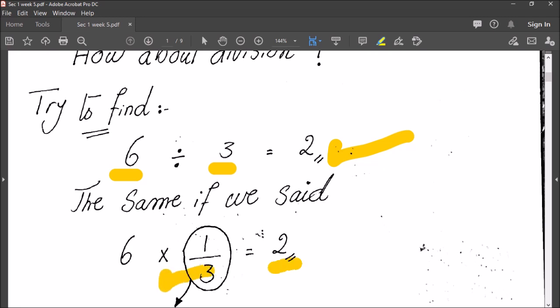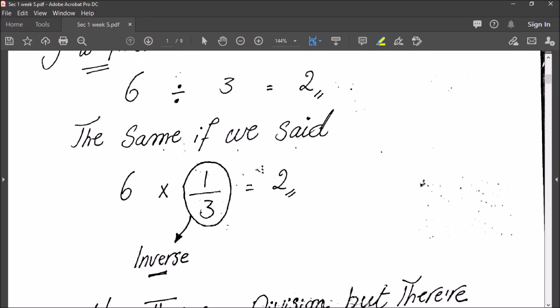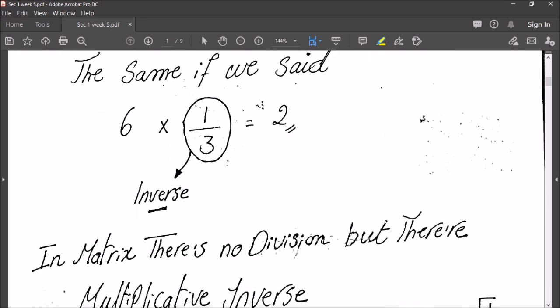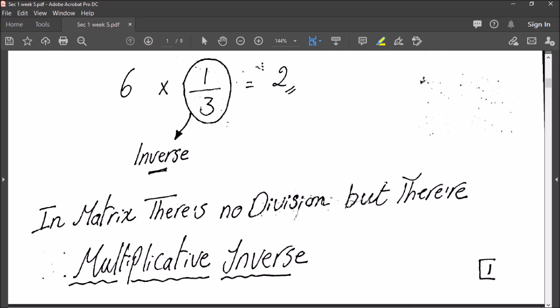Still, the answer is 2. So 1 over 3 is simply the inverse of 3. So I can say that there is no matrix division, but there is a multiplicative inverse of the matrix.